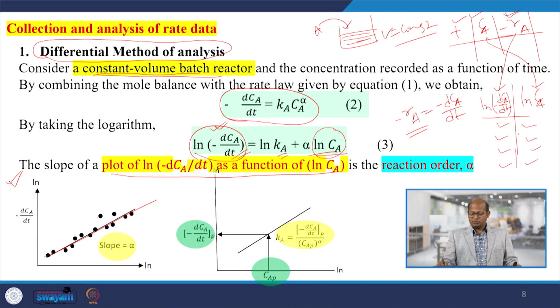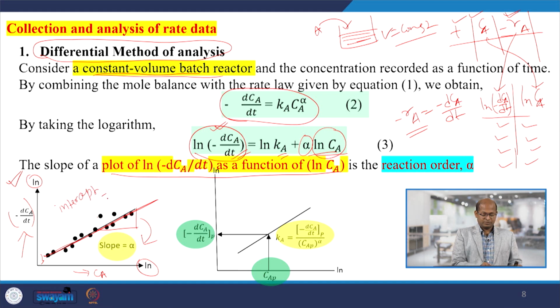Now we plot ln of minus dC_A by dt on the y axis and ln C_A on the x axis. The data points are dotted, and then we can draw one straight line, from which we can get the slope and the intercept. The slope equals alpha, so alpha we can easily find out, and the intercept equals ln k_A, so if we know the intercept value, the k value we can find out.